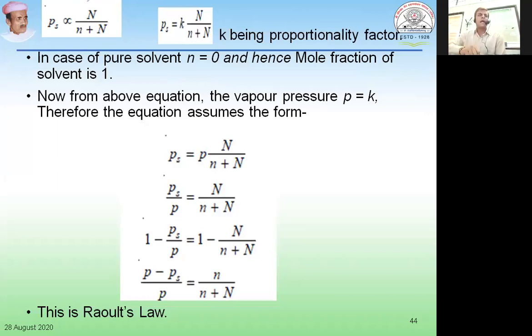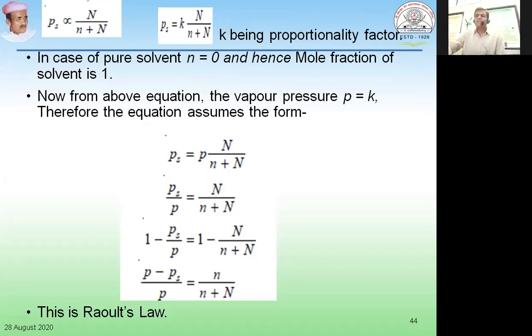This is the equation given by Raoult, and this is known as Raoult's law. P minus Ps upon P is nothing but the relative lowering of vapor pressure, and we have proven mathematically that it is equal to the mole fraction of the solute which is added into the pure solvent to get the solution. This is what is known as Raoult's law.